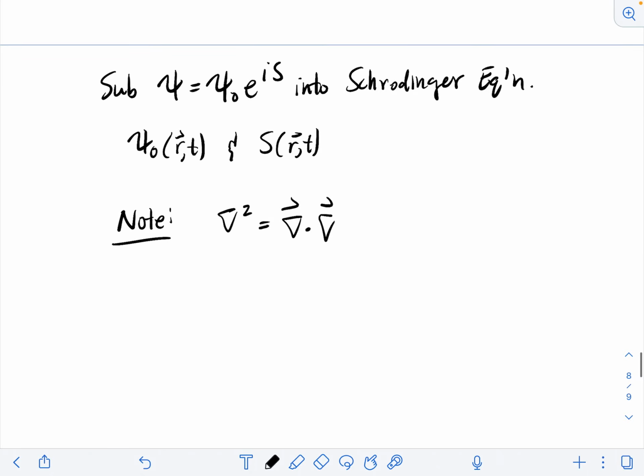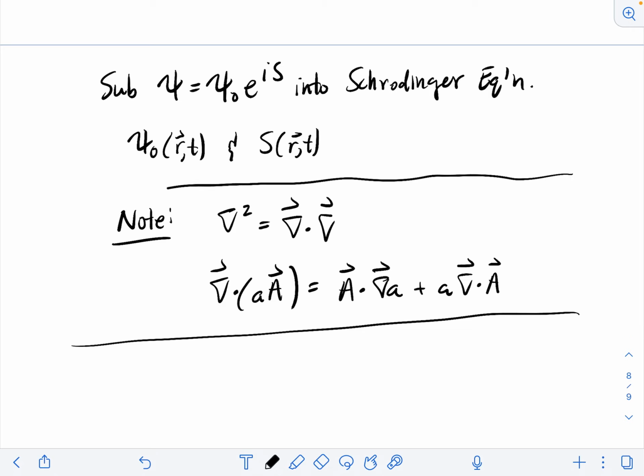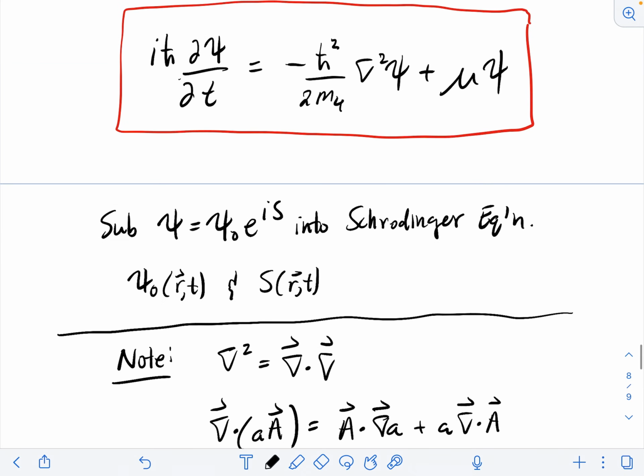And the divergence of a scalar a times a vector A is equivalent to the dot product of A and the gradient of the scalar a, plus the scalar a times the divergence of vector A. So let's keep those two in mind because we will make use of them. Okay, so I can't keep all this on the screen. There's the Schrodinger equation in the red box, and we're just going to sub our wave function into there. And I think we'll try to do this slowly.